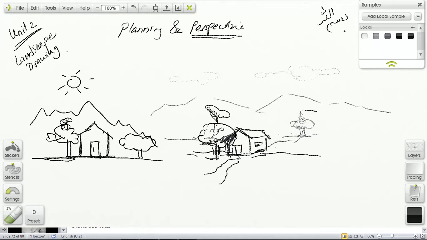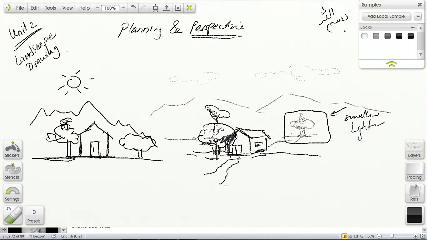So several things went into the difference between this and this picture. First is that objects that are distant are smaller, right? But also objects that are distant are lighter in color. As things get farther away from us, their tone, the shades, get lighter.